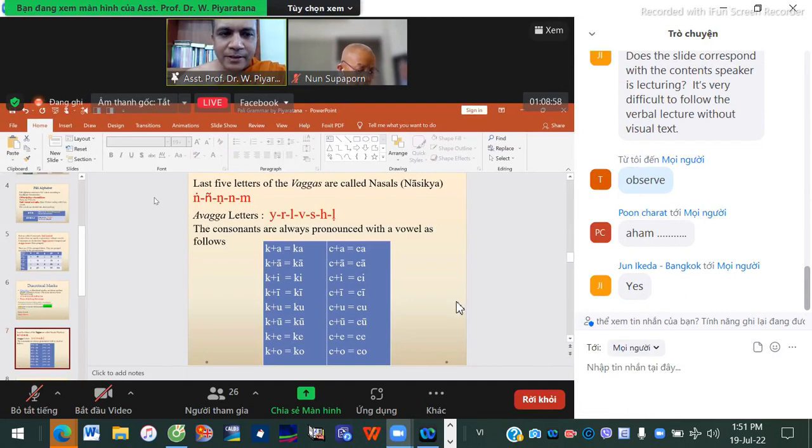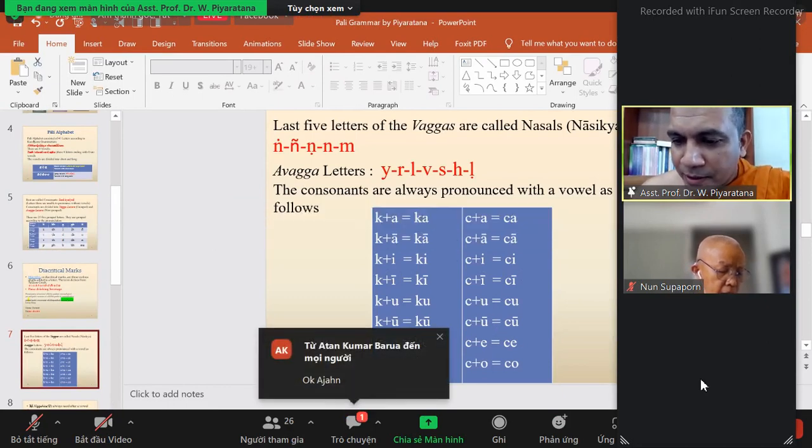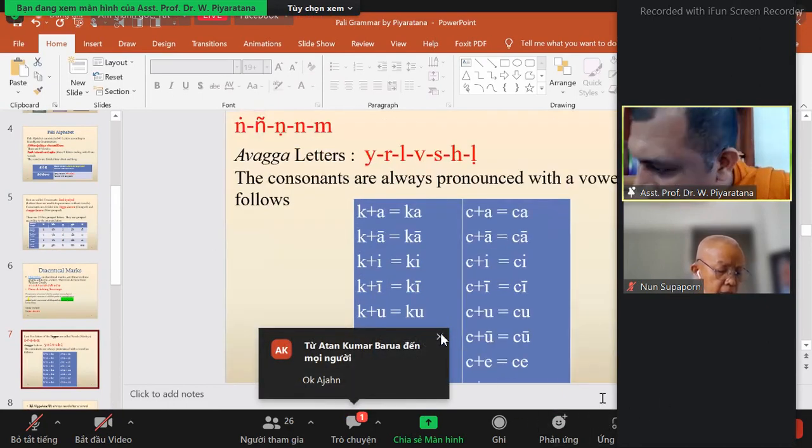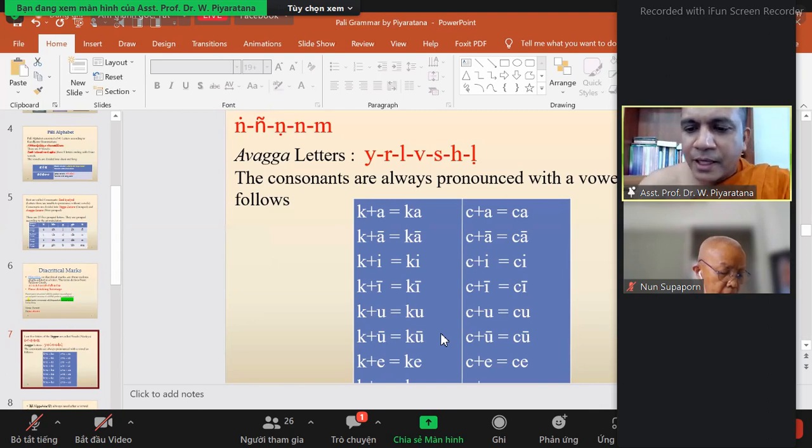Ajahn, can I add something? When you mentioned the Avagga letters, they are non-grouped letters, but again they have to come with a vowel. It means the letter itself is standalone, right? Yes. When they classify the letters, they use such terms as vagga letter or avagga letter.